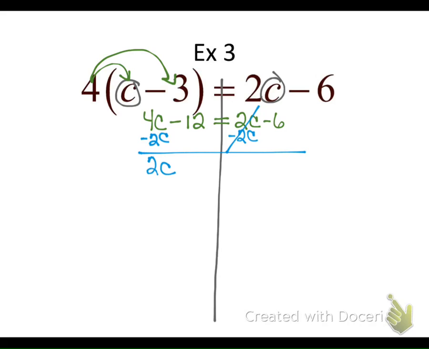Okay. And then I'm ready for the last step, solve as usual. So, Devontae, if I'm solving as usual, what do I do next? Add 12. So I can bring down 2c. Negative 6 plus 12.